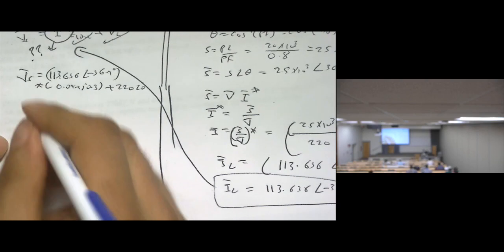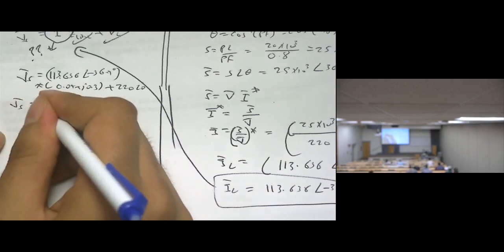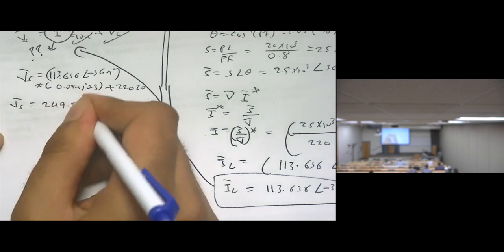After substituting this, V source will be 249.5 angle 4.859 degrees volts. This is the first unknown.